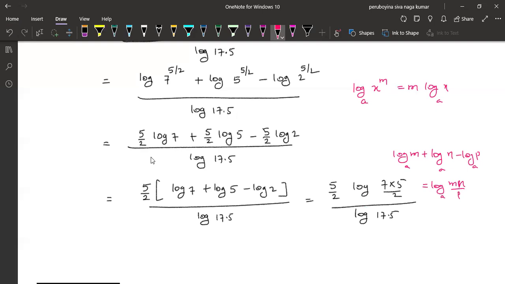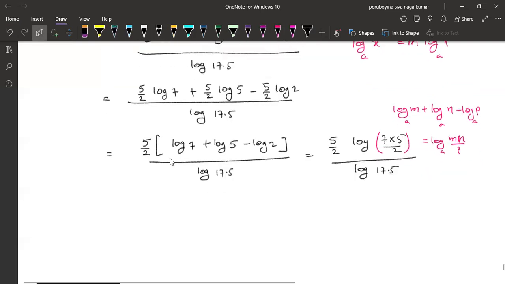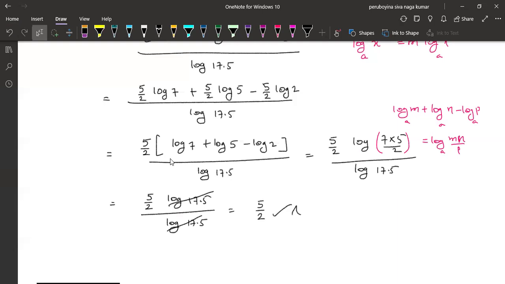Okay, using that property, I got this. 7 5s are 35. 35 by 2 is 17.5, whole divided by log 17.5. So log 17.5 got cancelled. So 5 by 2 will be the answer of this question.